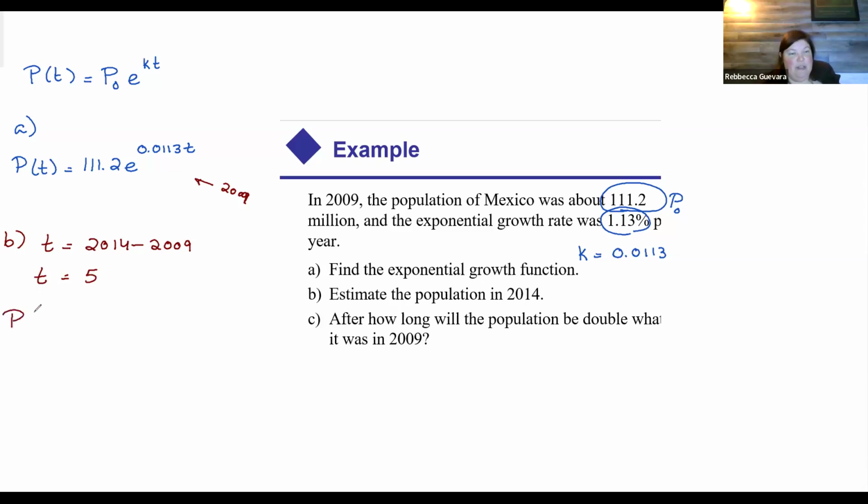So we're going to have P(5) equal to 111.2 e to the exponent. If you're going to put this in your calculator, try to put your exponents in parentheses, just because it's going to save you some problems. We have 0.0113 times t, which is going to be 5 now.